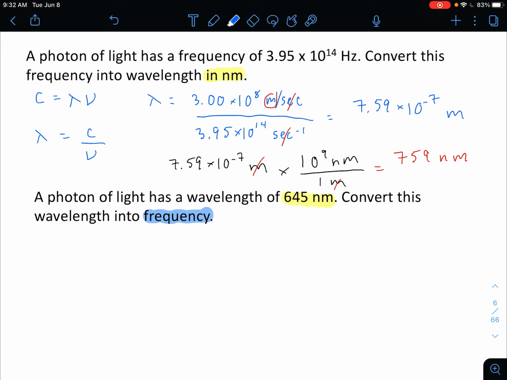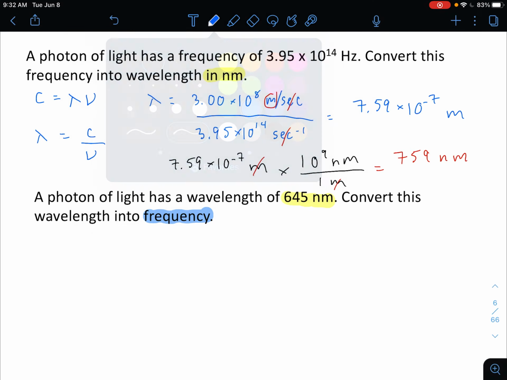We plugged in with frequency, got a value in meters, and switched it to nanometers. Remember what I was saying earlier, that whenever we're communicating with this equation, we're going to want to make sure that we have a value in meters. So now what I'm going to do is right away convert nanometers to meters, then plug it into the equation.